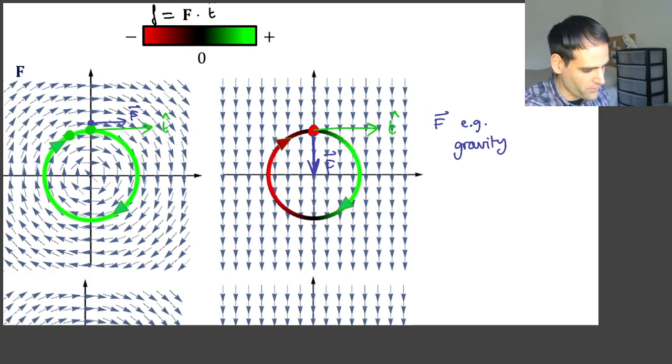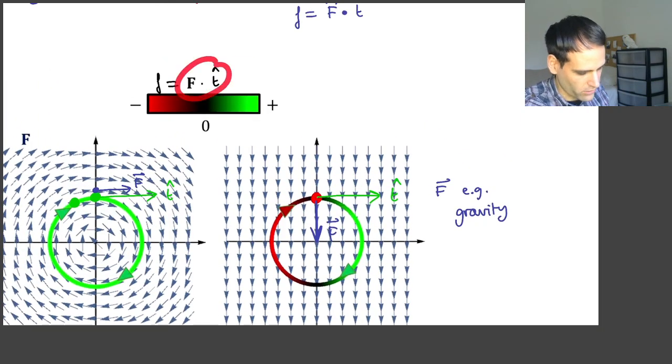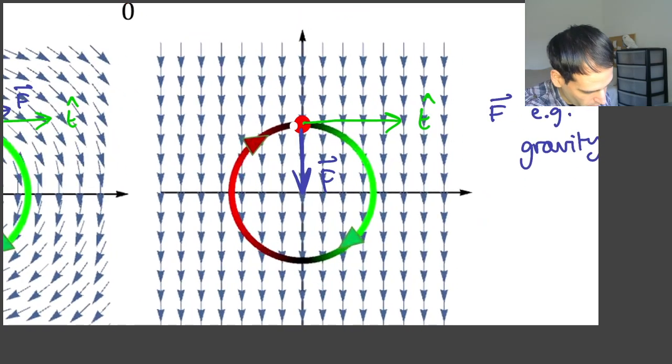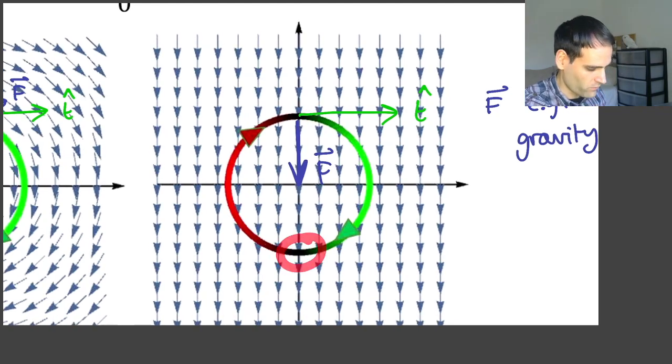And therefore F dot t hat is going to be 0, and that is why I painted the circle black at that location. The same thing happens here when the tangent vector points to the left and the force points down. So the dot product is 0.